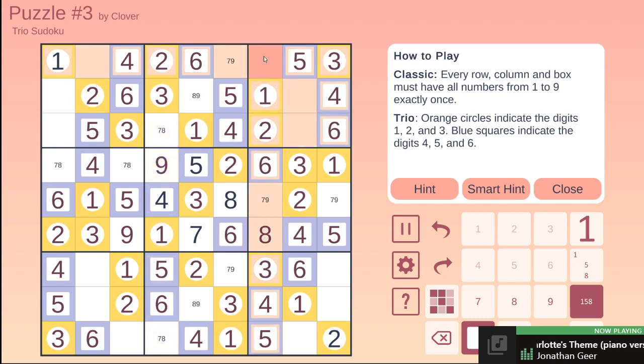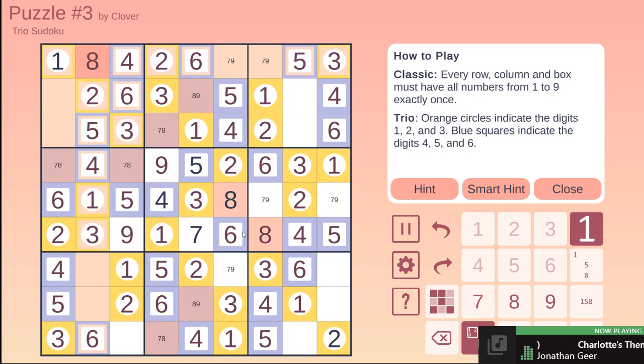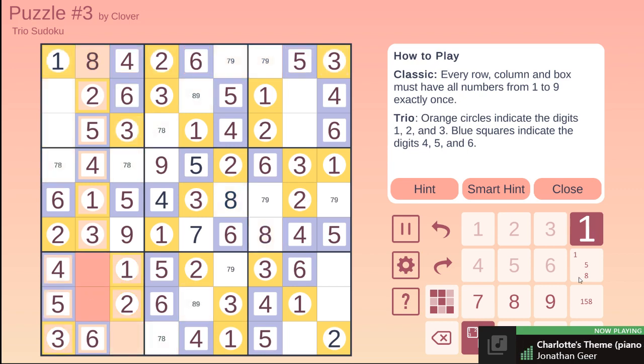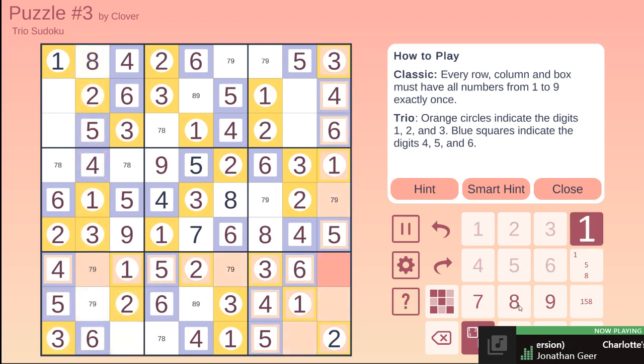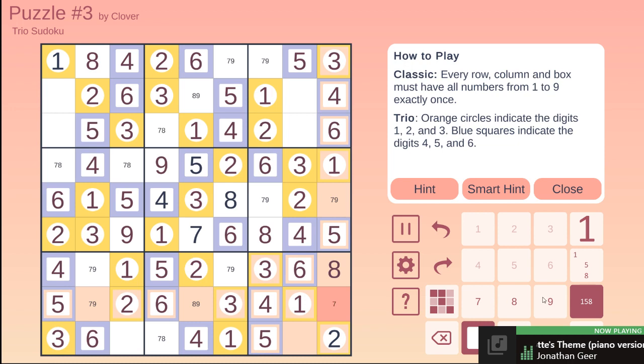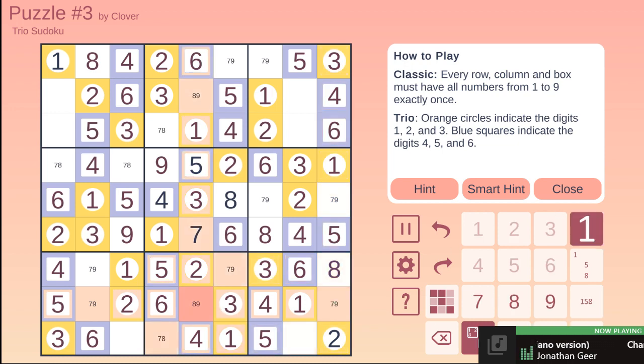This is also a 7, 9 pair, which means this is for sure an 8. Which means this is also a 7, 9 pair. Which means this is for sure an 8. Which means this is also a 7, 9 pair, which means this is also for sure an 8. Which means this is a 7, which means this is a 9.